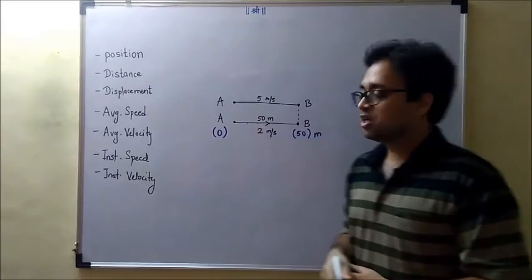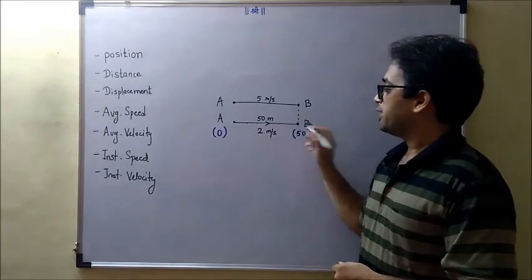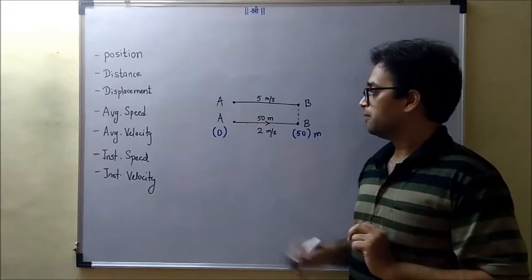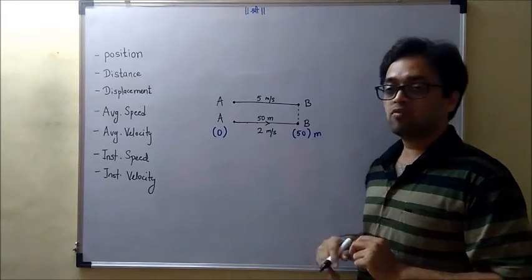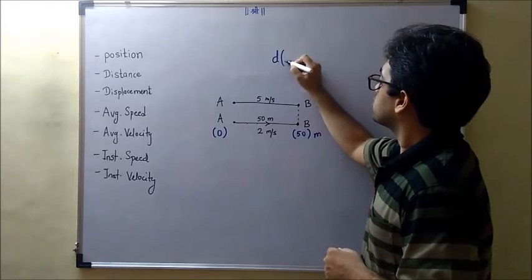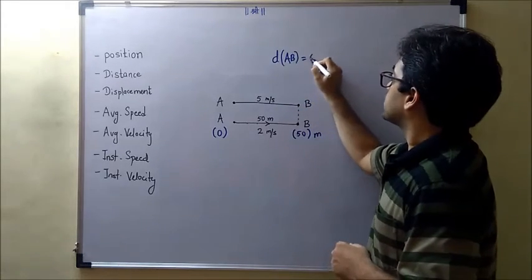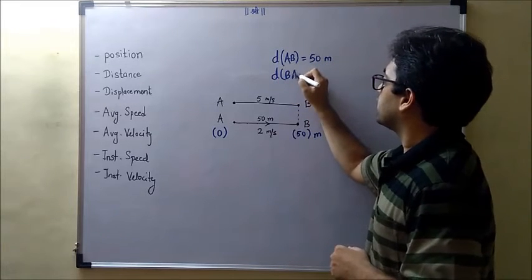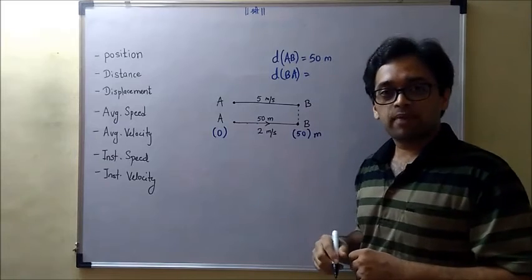The distance between point A to B. So distance, as it is defined, is the length of the path. While you are going in this direction, what is the path length? It is 50 meter. So if I ask you what is the distance AB, you will say it is 50 meter. If I ask you what is the distance BA, will it be minus 50 meter?